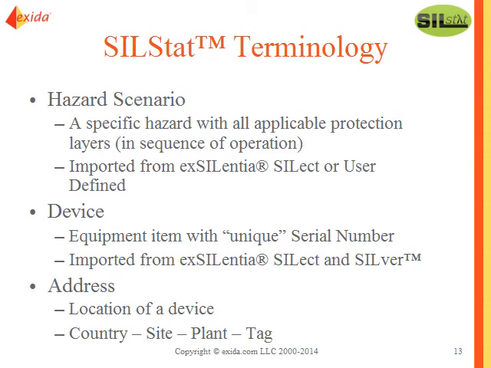So in the tool, we keep track of devices and we keep track of addresses. So a device may be installed in a certain tag. So we have a pressure transmitter that is installed on PT101. If that pressure transmitter, for whatever reason, fails, we remove that device from the PT101 address, and we put a new device in, but we keep track of what's happening to that original transmitter.